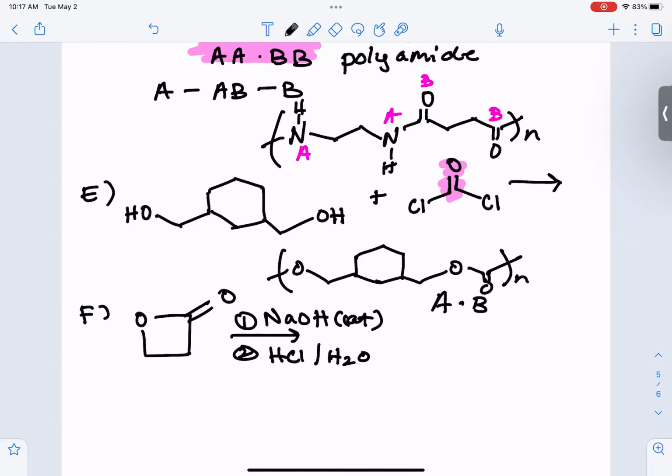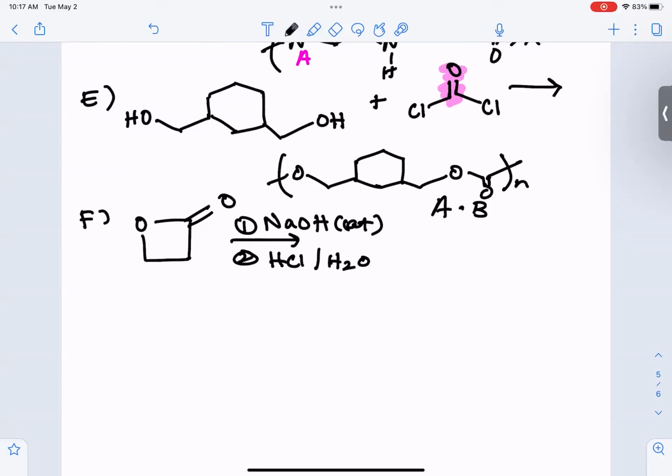The last one, you have to realize you're going to open up this. So this catalyst is going to hydrolyze the ester.